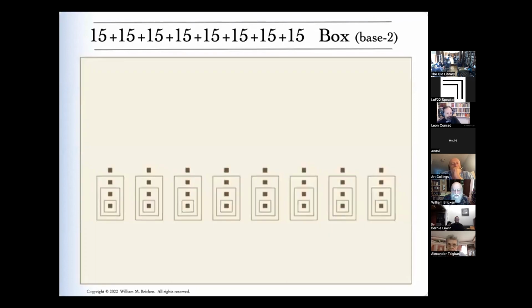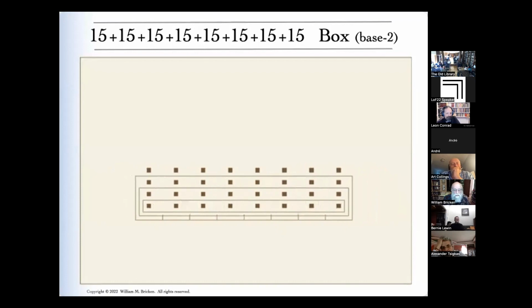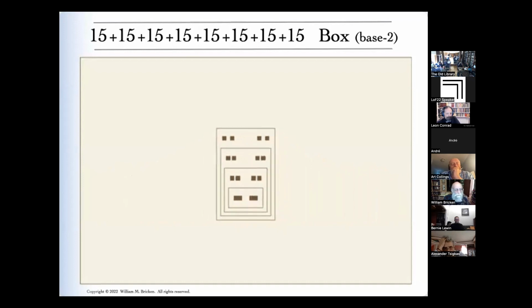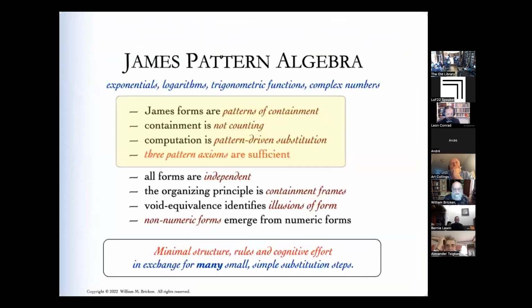There's 8 occurrences of the binary 5. Again, lots of parallel activity, and we're left with the binary representation of 120. Okay, so that's handling magnitude.